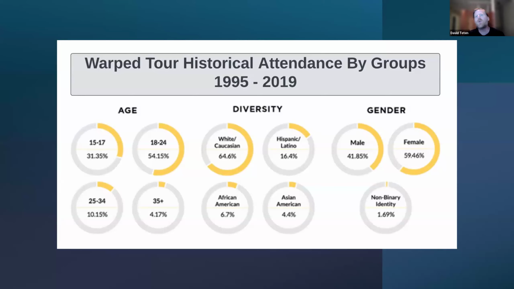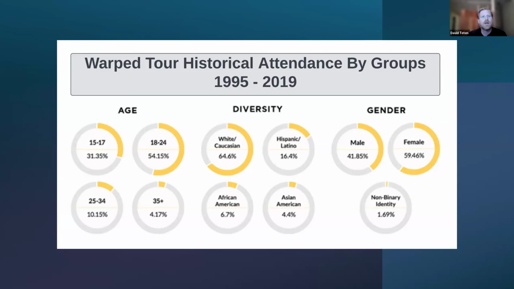But what you can see here is that the age groups are mostly in the 18 to 24 range, and the female percentage is roughly 60%, male at 40%. And we do have some inkling of a non-binary identity in here. Keep in mind that was probably collected in the later years of the tour. It's not something that was collected previously, probably since 2015.